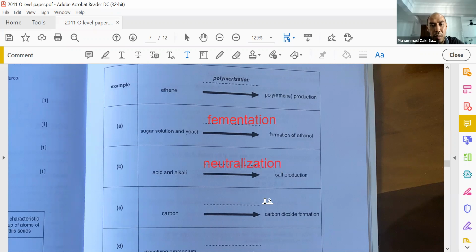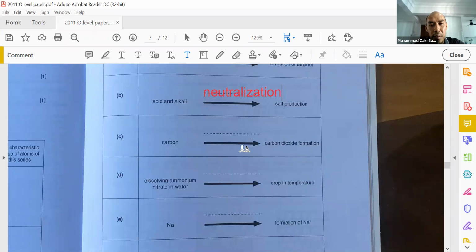When we do the exercise here, take this opportunity to revise all your basic concepts. Next, carbon to carbon dioxide formation. It should be combustion, meaning burning. You burn carbon, you get carbon dioxide.